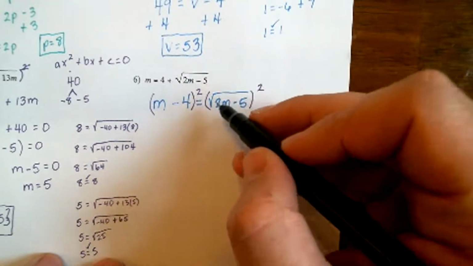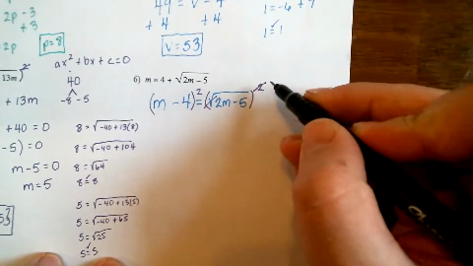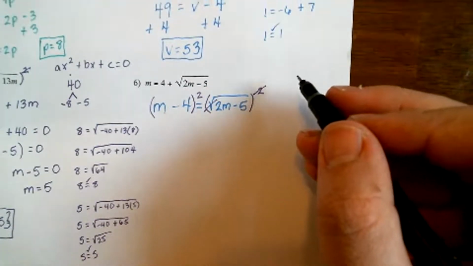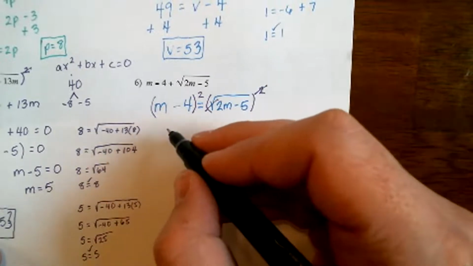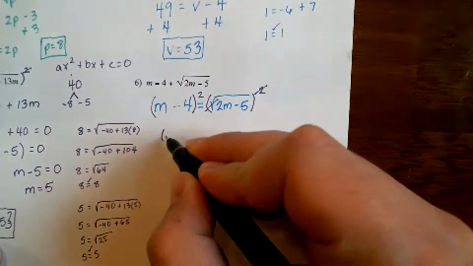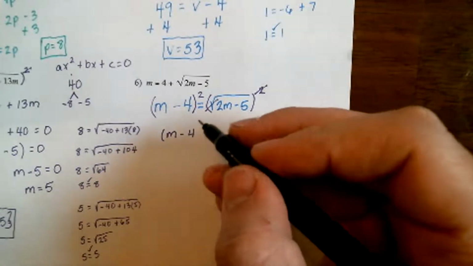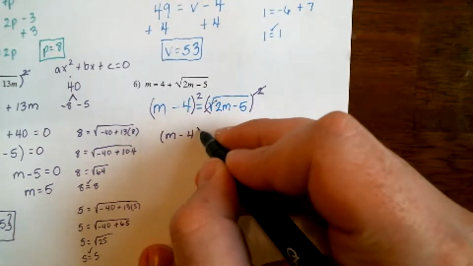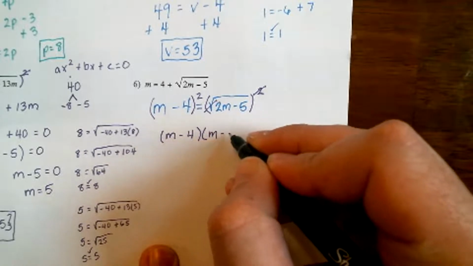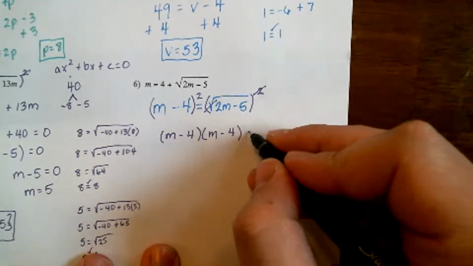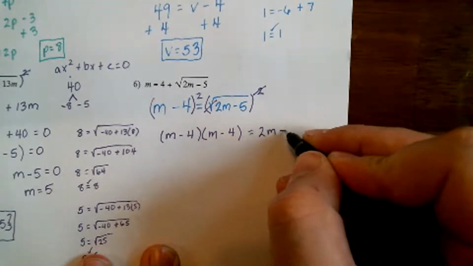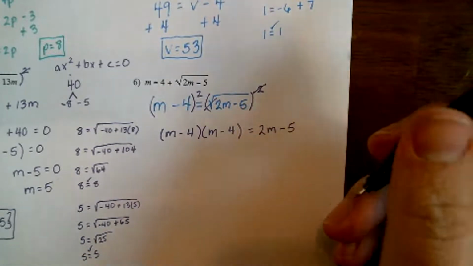What is that called? That acronym. Good, Elizabeth. FOIL. m minus 4 squared is equal to 2m minus 5.